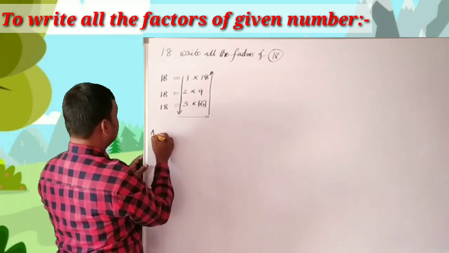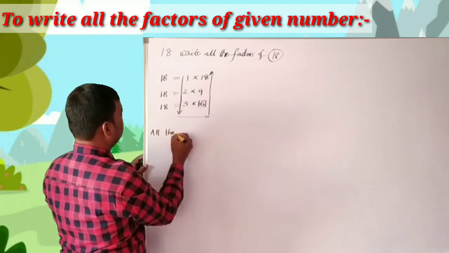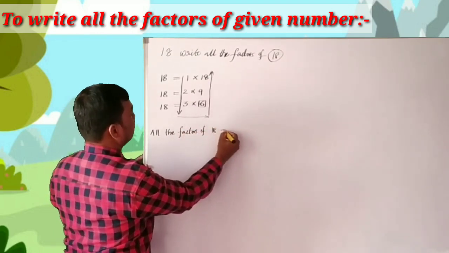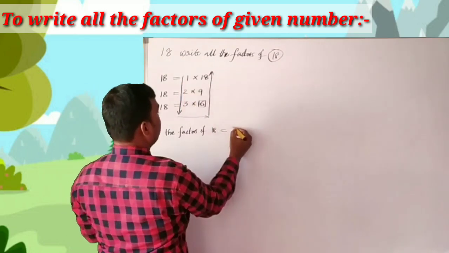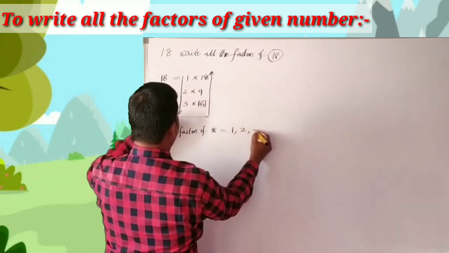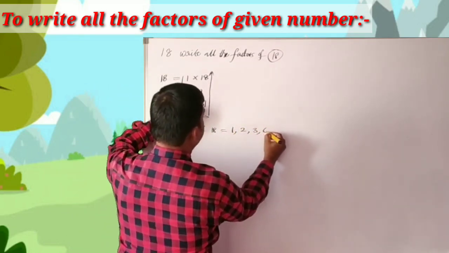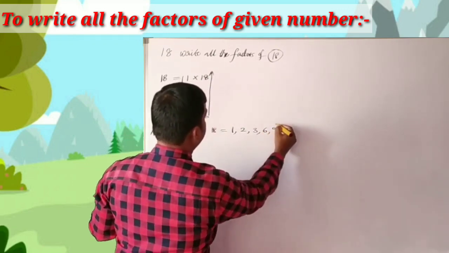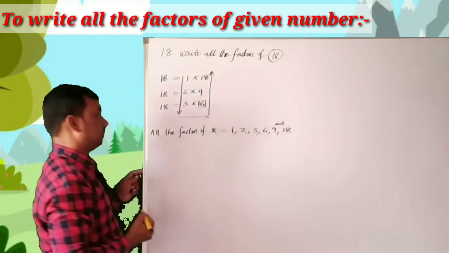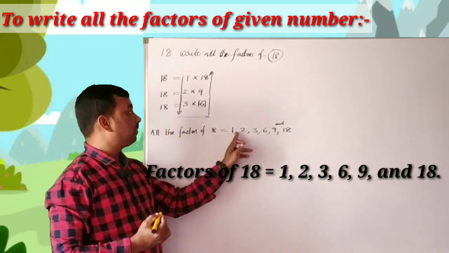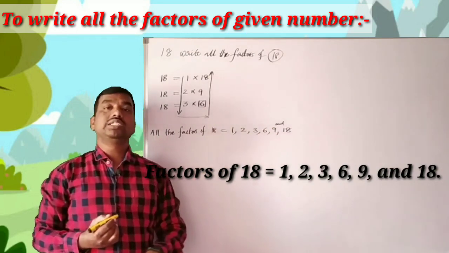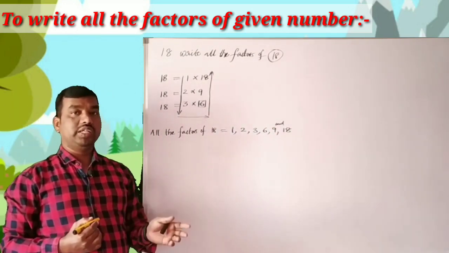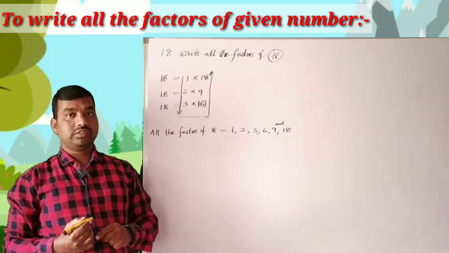So all the factors of 18 equal 1, 2, 3, 6, 9 and 18. So total 1, 2, 3, 4, 5, 6. 6 factors are there. For 18 we are getting 6 factors.